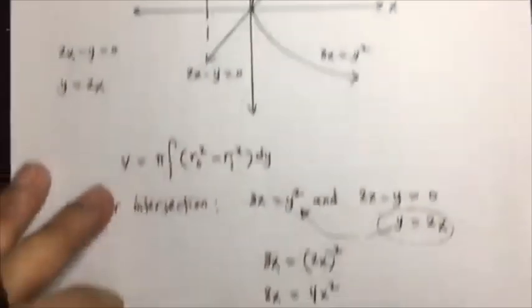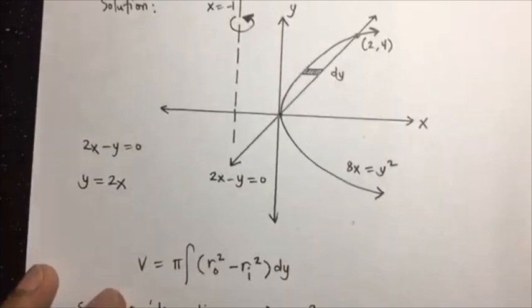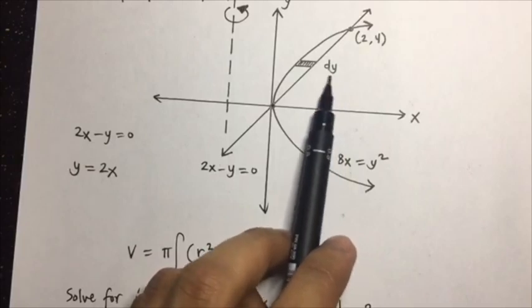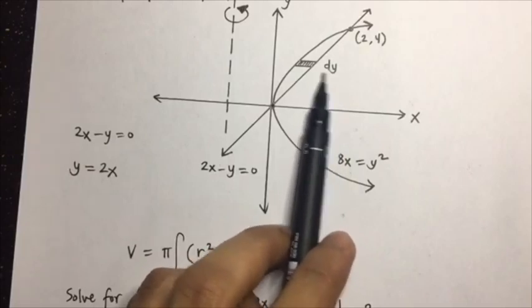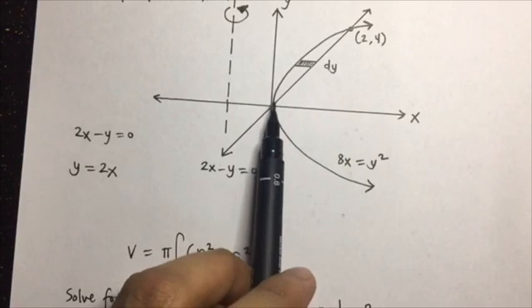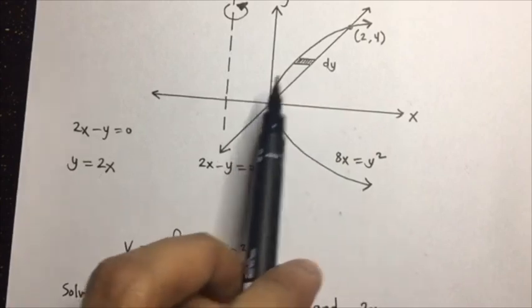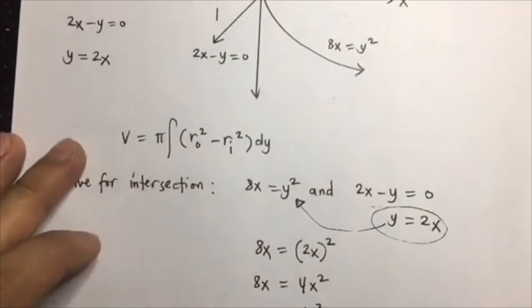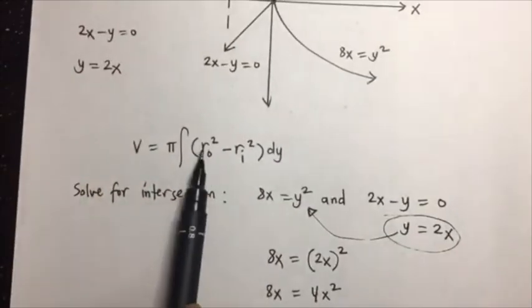Since we have a dy strip, our limits will be from y is equal to 0 to y is equal to 4.